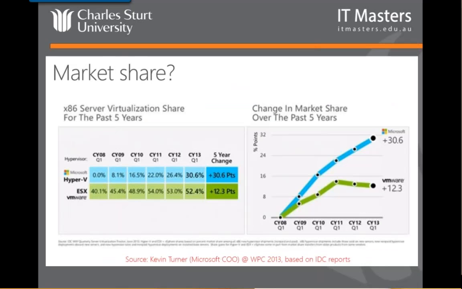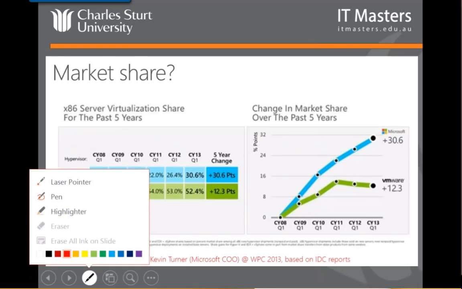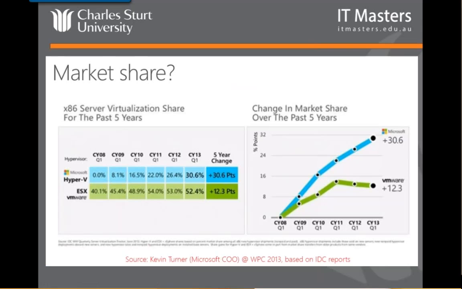The market share. Years ago, Microsoft was far behind. But today, as you can see, in 2008, Microsoft had 0% market share. ESX had 40%. Microsoft started to steal some market share in 2009, doubled it in 2010, had a huge growth.